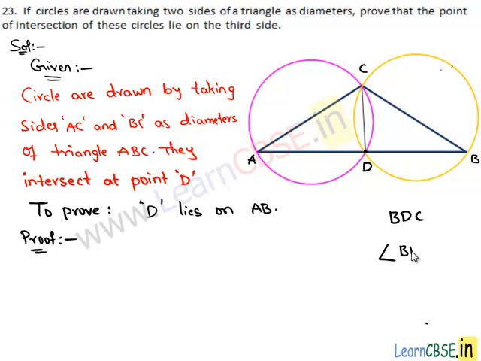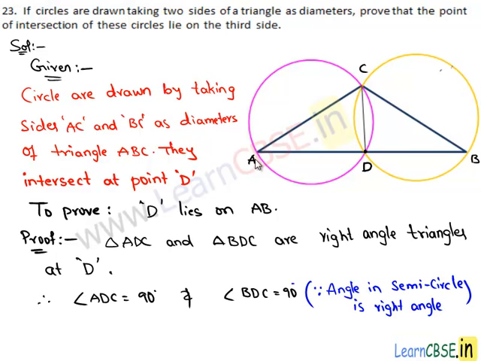Therefore, angle BDC is equal to 90 degrees. Similarly, in this circle with diameter AC, we have a triangle ADC. And here also, the angle in a semicircle is 90 degrees. So we have angle ADC, which is 90 degrees. So by using this, we prove the given problem.